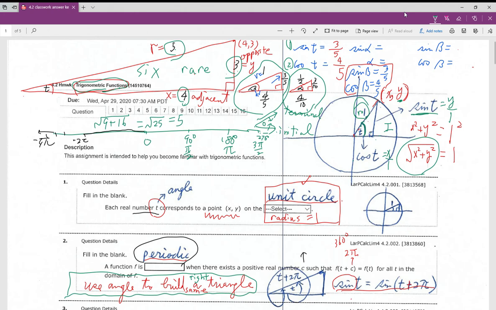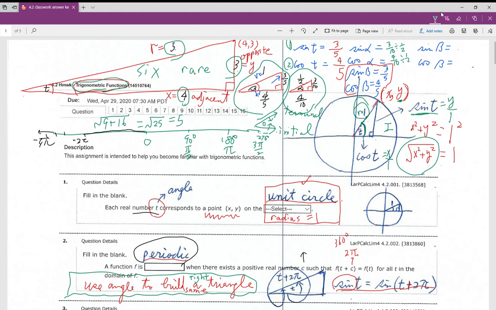So sine alpha will be 3 over 10 divided by 1/2, and cosine alpha will be 4 over 10 divided by 1/2.